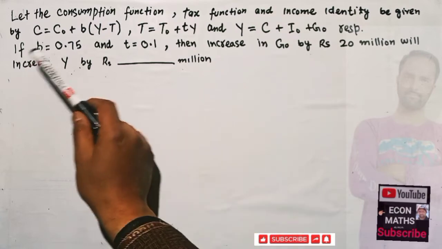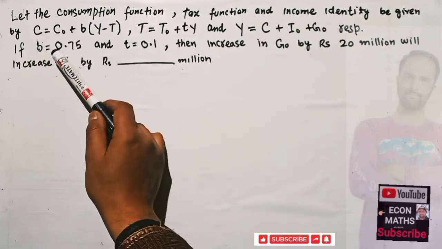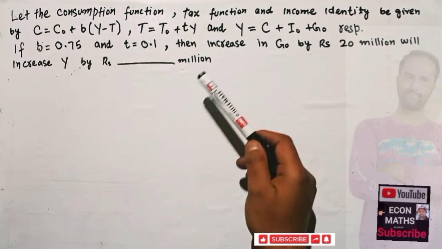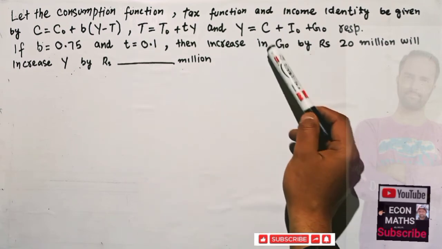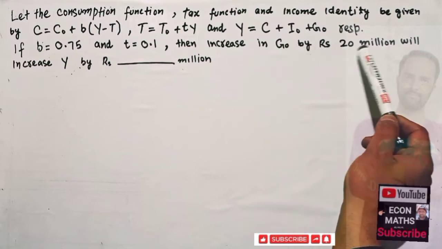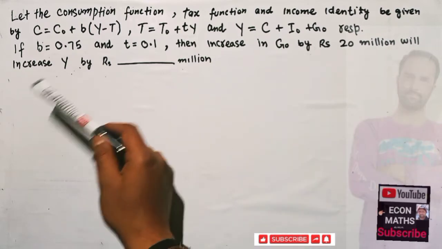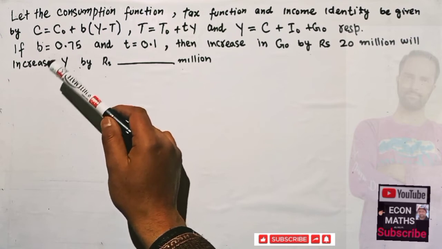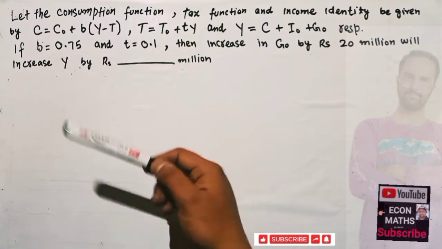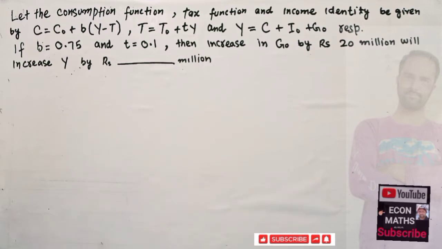If the marginal propensity to consume is 0.75 and the marginal tax rate is 0.1, then an increase in autonomous government expenditure by rupees 20 million will lead to an increase in income by how many million? We need to find out that.